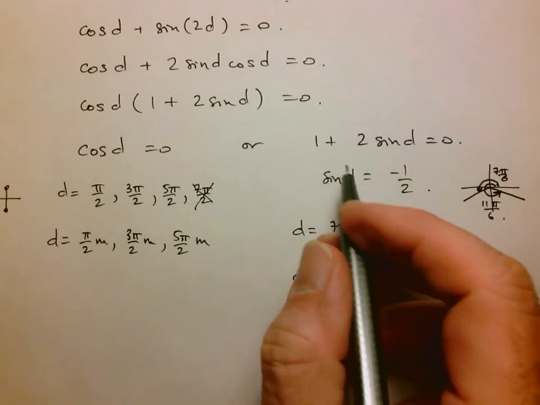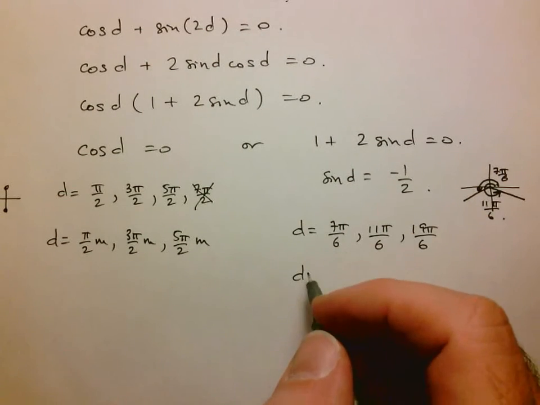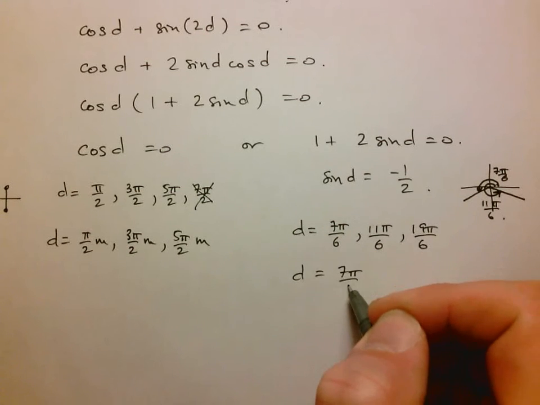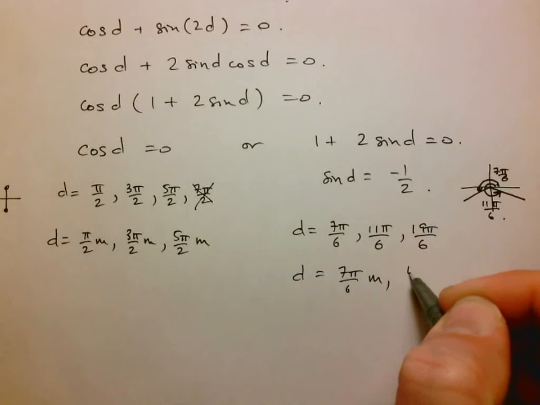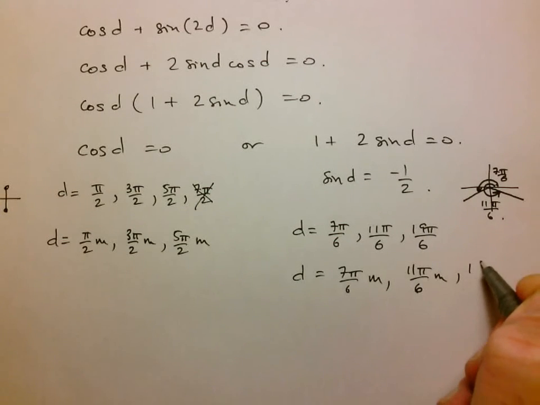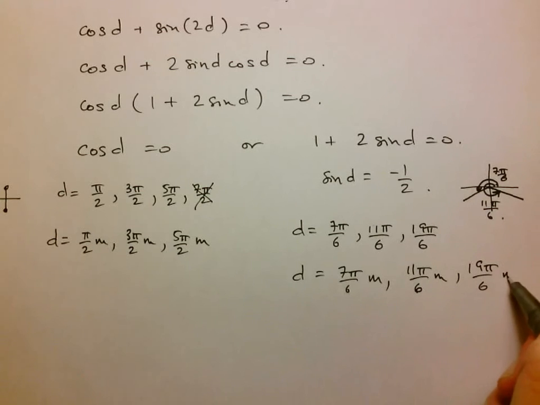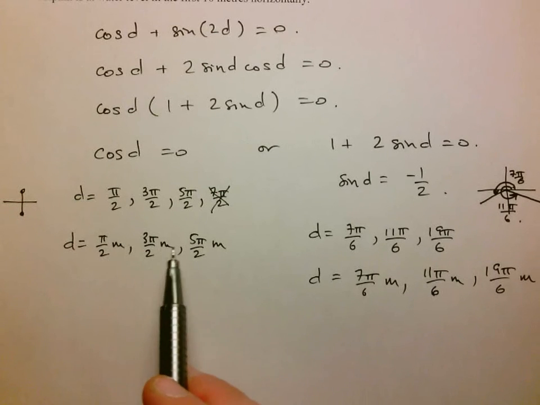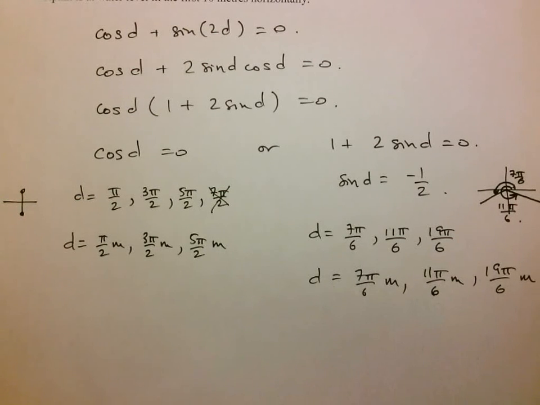So my answers from the second part of my factored equation give me 7 pi over 6 meters, 11 pi over 6 meters, and 19 pi over 6 meters. So we see that within the first 10 meters of horizontal distance, we have 6 moments at which the dolphin will be exactly at water level. That's it for this one.